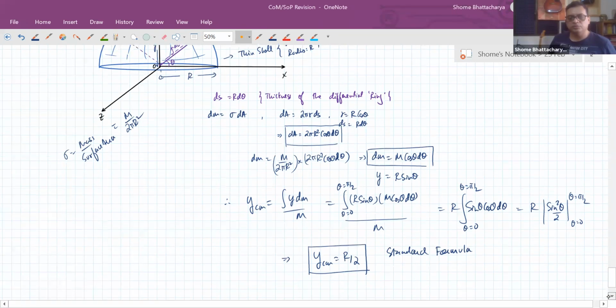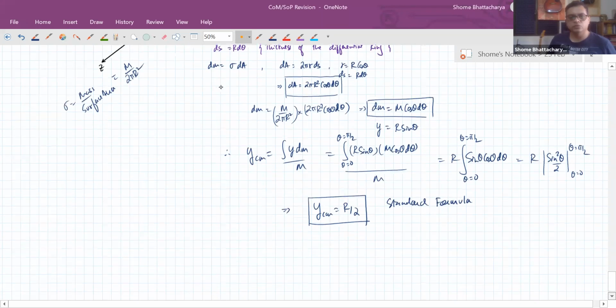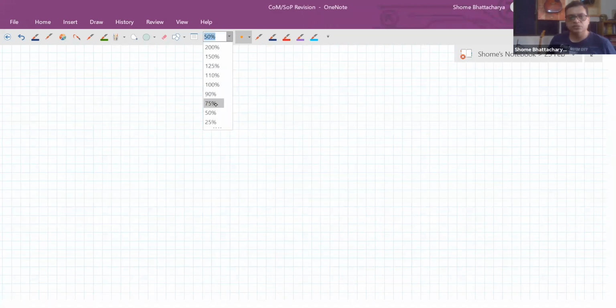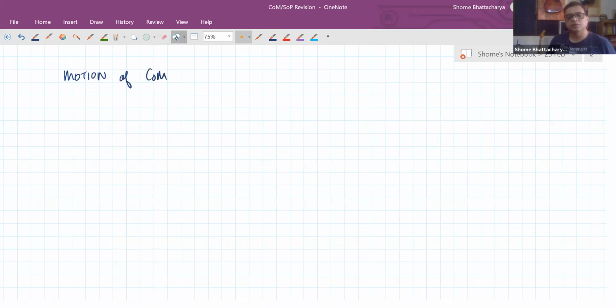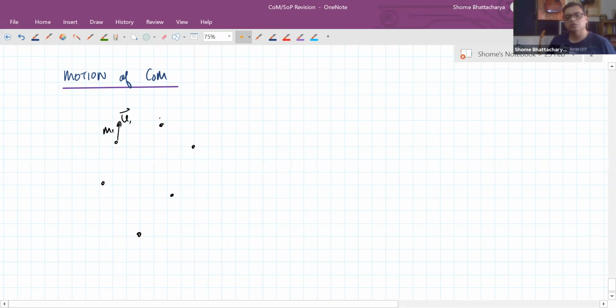Okay, so next up we will move into the next set of concepts, which is to do with motion of center of mass for a given system of particles. So the idea is here that if we have a system of particles, let's say we are initially talking about discrete particles, which are moving about.